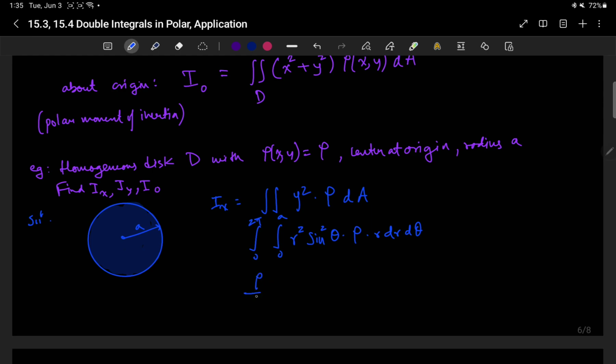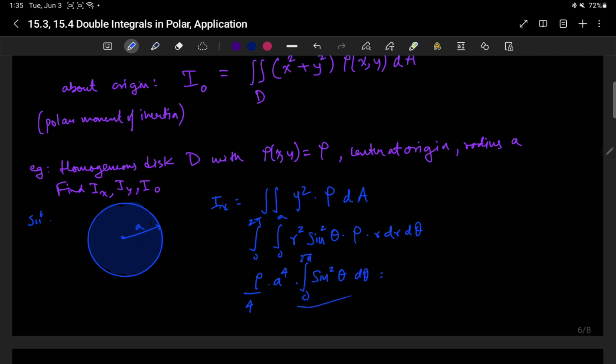So rho over 3 a cubed, then a to the 4 over 4 actually, because of the other r. So rho over 4 a to the 4 times the integral of sine squared theta, 0 to 2 pi, d theta.